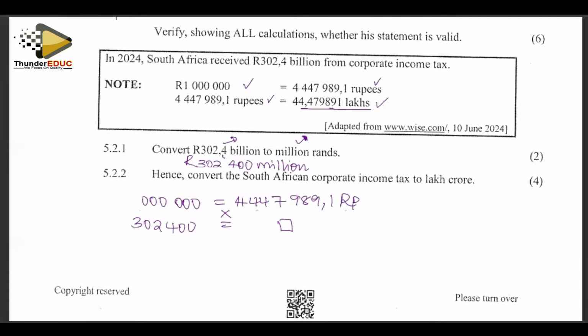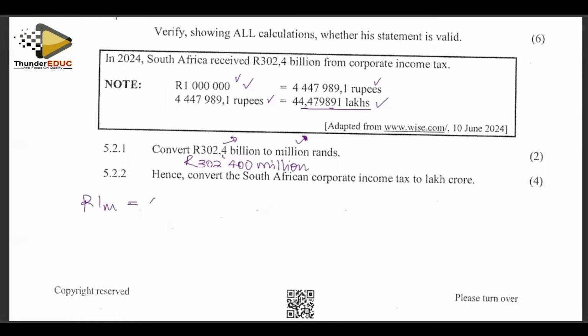So allow me to do this. One million rand equals 4,447,989.1. These are rupees.